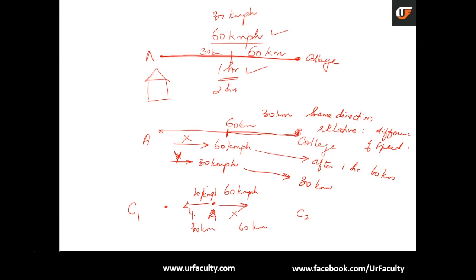So if you look at the displacement, the difference between your friend and you will be 90 kilometers. Can you understand this? Because you both traveled in opposite directions, your speed and his speed got added. So the concept is, if you are traveling in opposite directions, the relative speed is equal to the sum of the speeds.